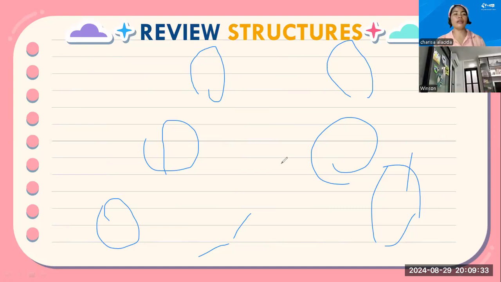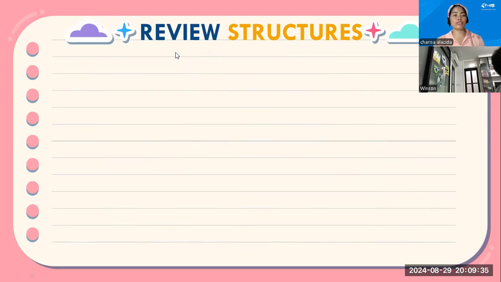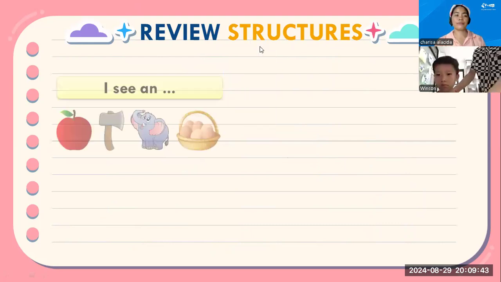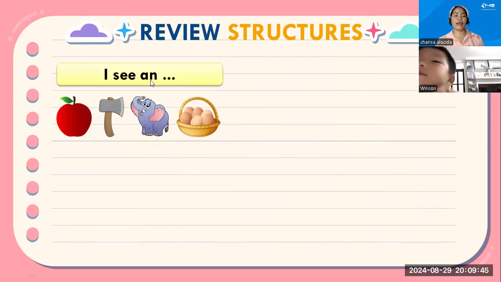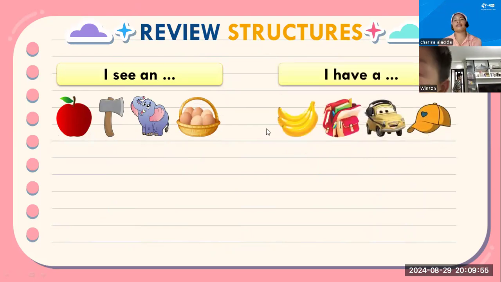Okay, so here we have review structures. Again, review structures. So here, what is this? I see an apple, elephant, egg. Okay, very good. Next, I see a banana.